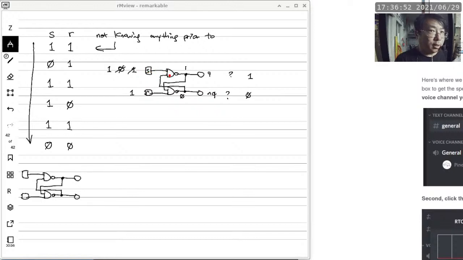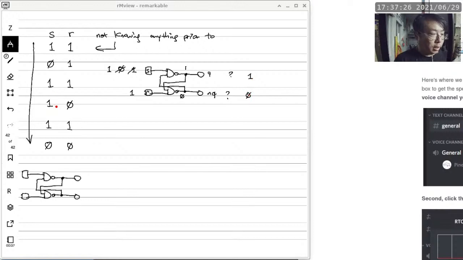N2 is still outputting a 0, so this particular input is a 0. That means at least one input of N1 is a 0, so the output will remain a 1. And that's the end of the analysis, because if the output of N1 is not changing, then the other NAND gate is not going to change its output either. So it's just maintaining the state of Q being 1 and NQ being 0.